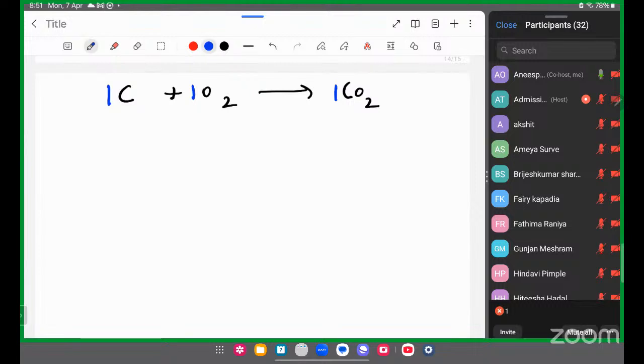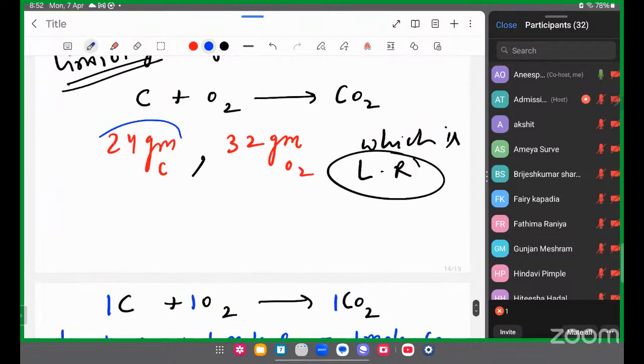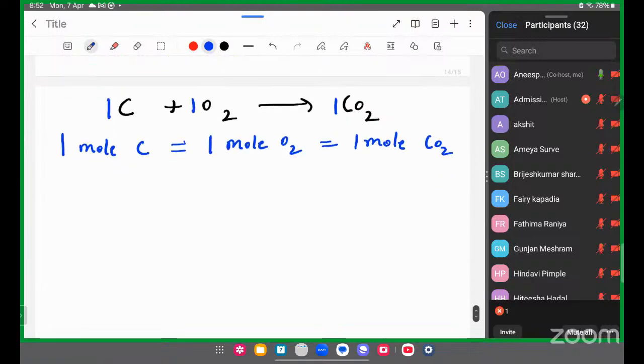The stoichiometry of this equation tells us that 1 mole carbon will be needed for 1 mole oxygen, and 1 mole CO2 will be formed. Now, because we are given information for carbon and oxygen in grams, let's convert it into gram. 1 mole carbon will have 12 gram, and 1 mole oxygen is how much?